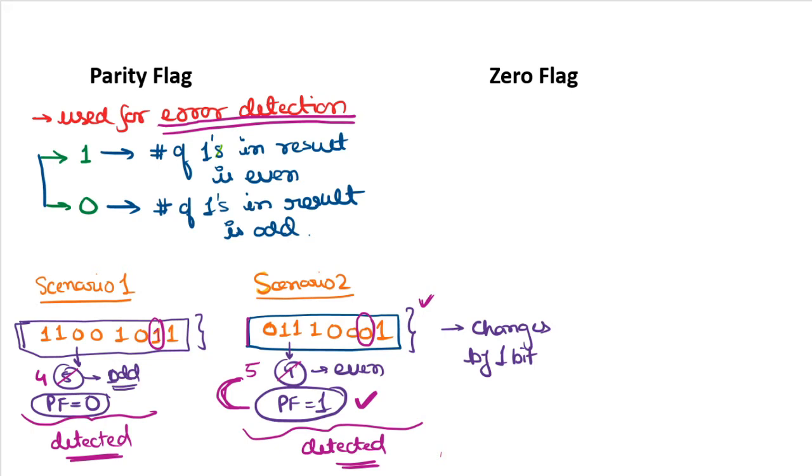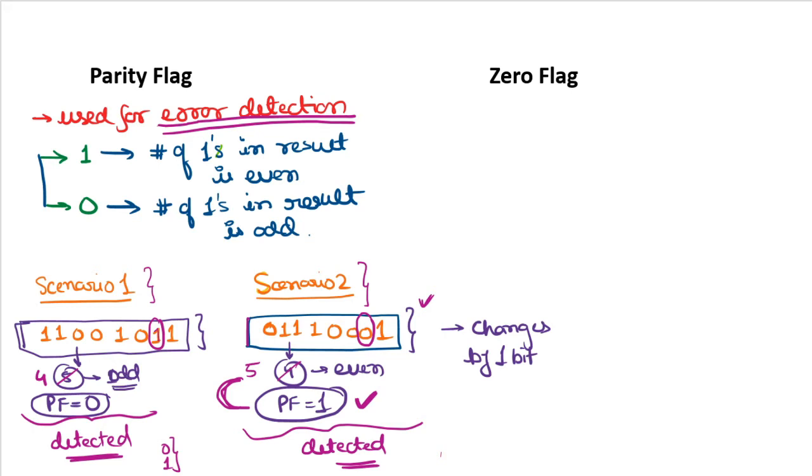So in scenario 1 and scenario 2, in both the cases one of the bits will toggle, right? And due to the change of one bit, the count of zeros and the count of ones will change by one number. It can either be +1 or -1, right?